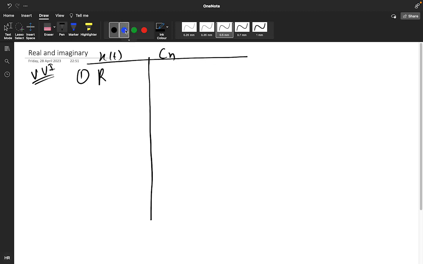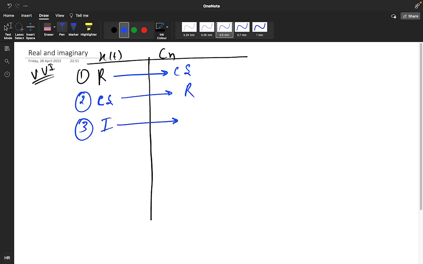If x of t is real, your Cn will be complex conjugate. If x of t is complex conjugate, your signal will be real this side. And if you have an imaginary signal, then you will have a complex conjugate anti-symmetric signal this side.